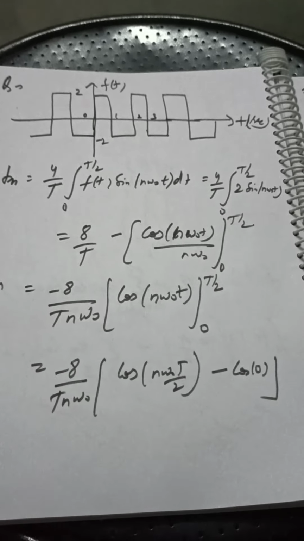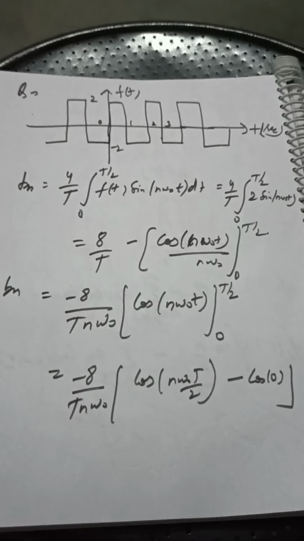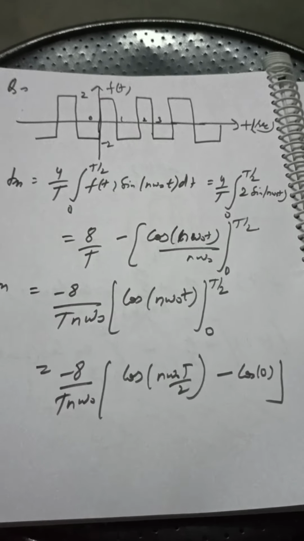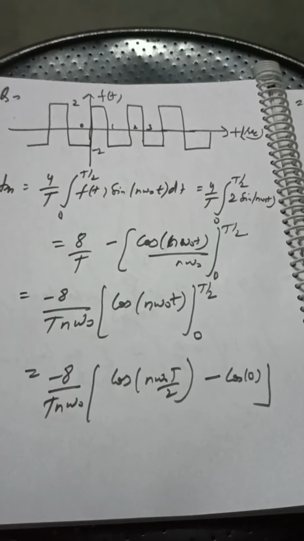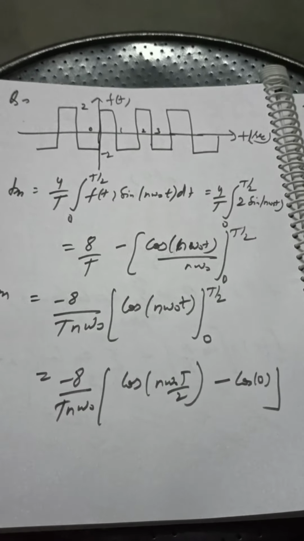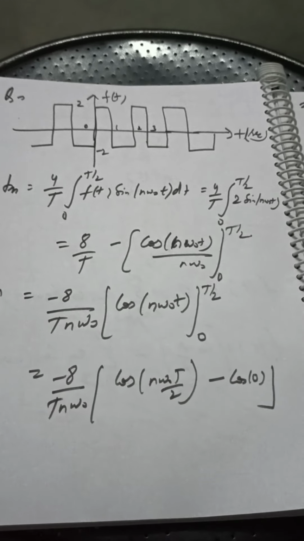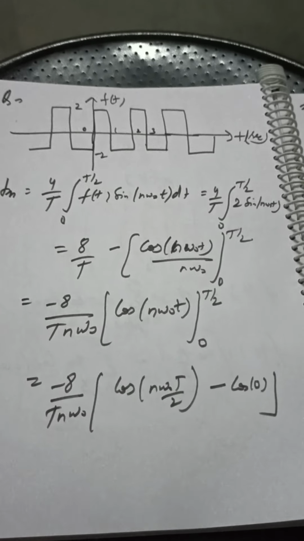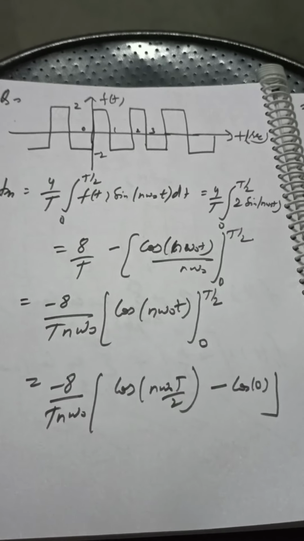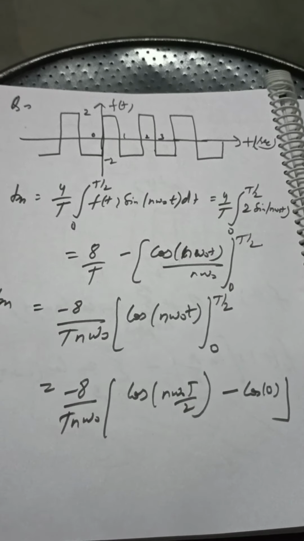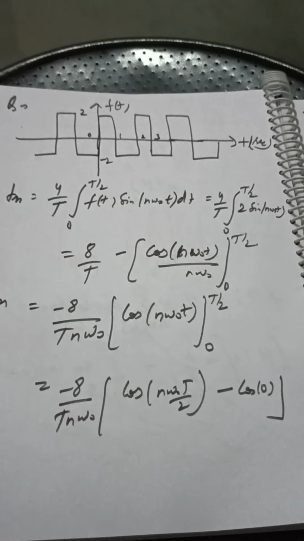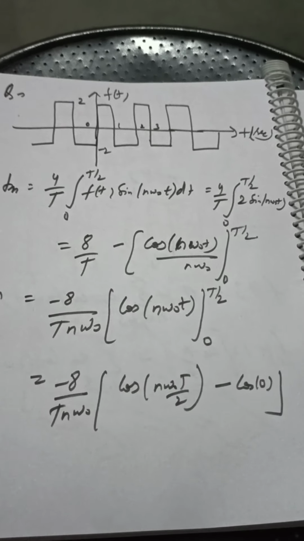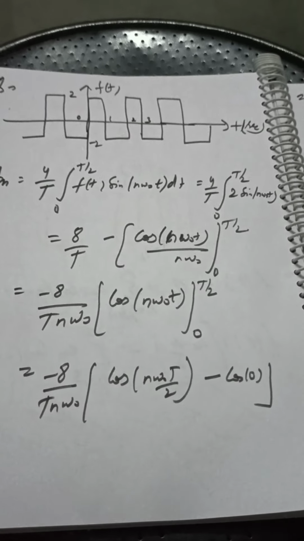So what I wanted to convey is that the DC component of any signal is bound to be a 0 value if the signal is having half wave symmetry.